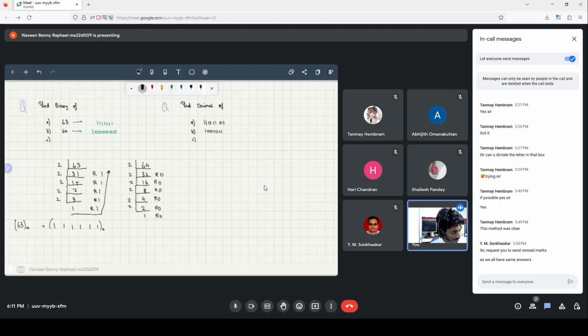So is there any other number you want me to find the binary expansion of?